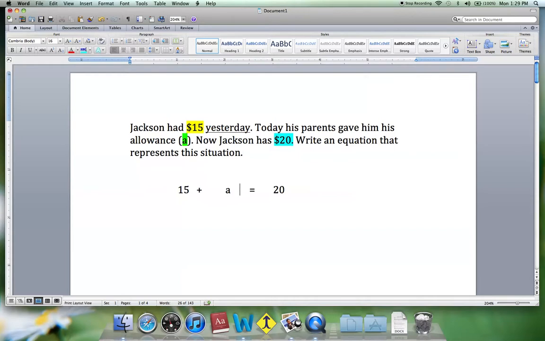Now we can solve and determine how much money Jackson's parents gave him, but for this example, we just want to write the equation. So Jackson had $15 yesterday. Today his parents gave him an allowance. Now Jackson has 20. The equation is 15 plus A equals 20.